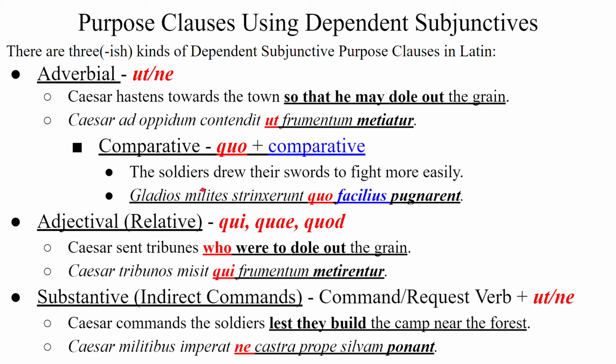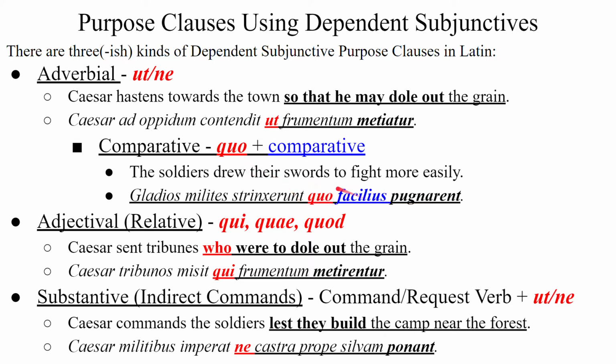So the soldiers drew their swords. Why did they do that? So that they might fight more easily. Why do they draw their swords? So that more easily, facilius, there's the comparative, they might fight. So instead of ut, we have quo, because of the comparative.